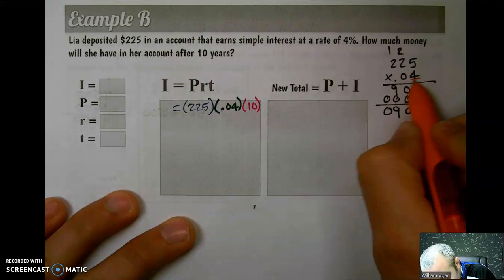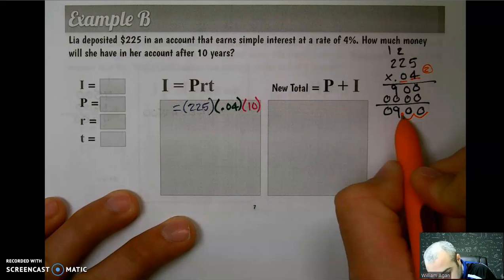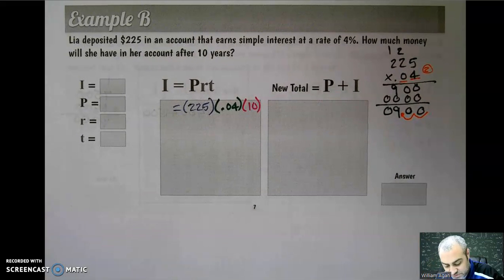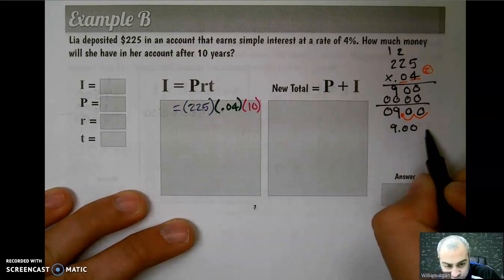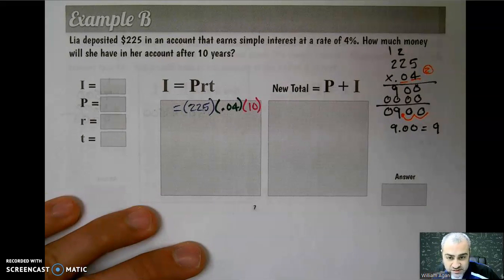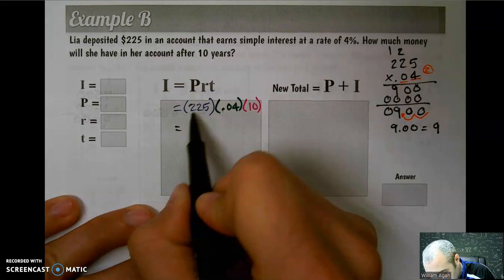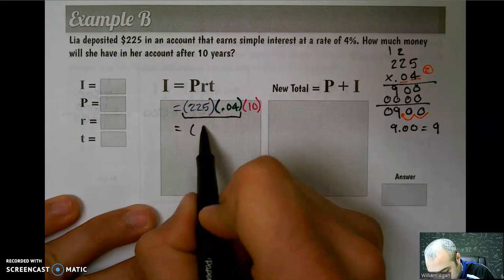I have 2 numbers behind the decimal of the problem, so I need 2 in my answer. So that gives me 9.00. Well, I don't need those extra zeros, so that is really just the same thing as 9. So 225 times 0.04 equals 9.